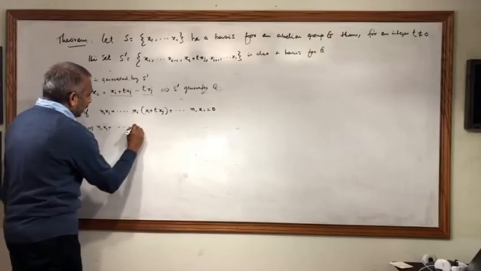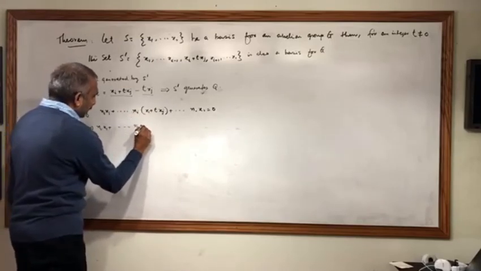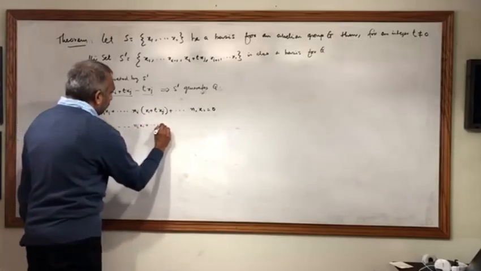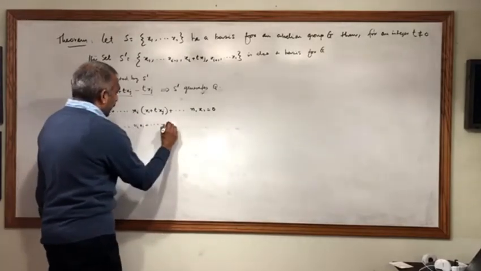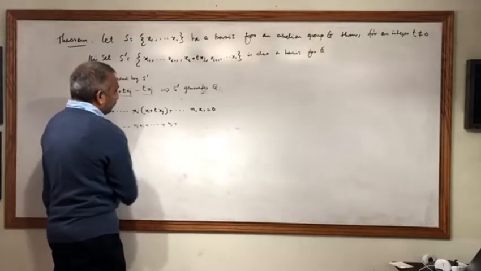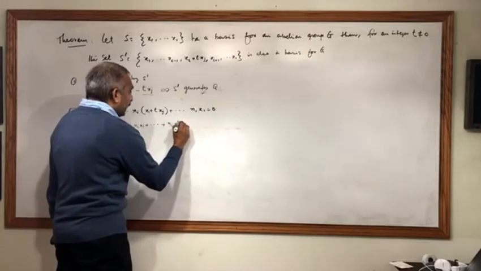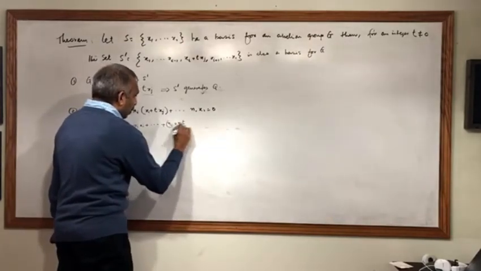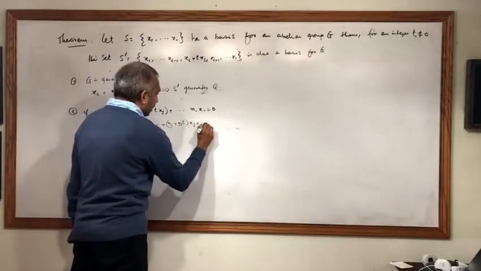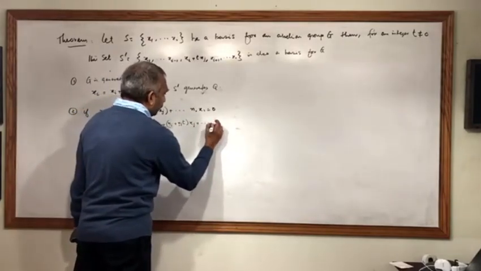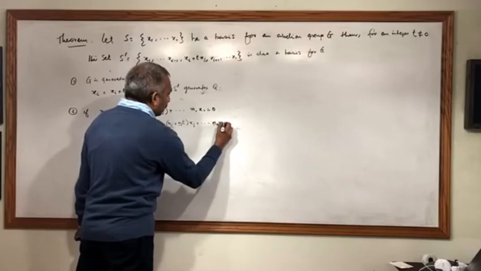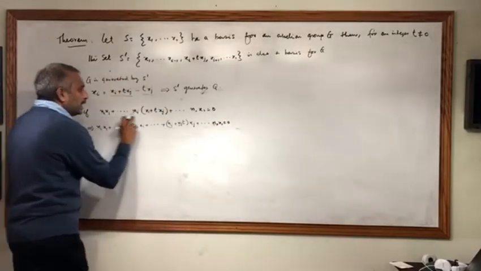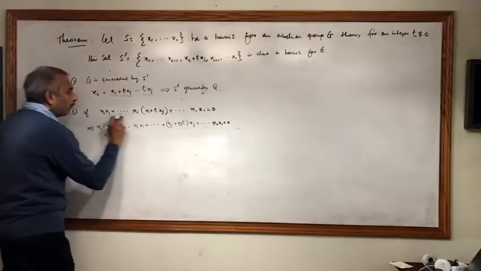So this is ni xi plus dash dash plus nj t of xj plus dash dash nr xr is equal to 0. We are actually reordering this.